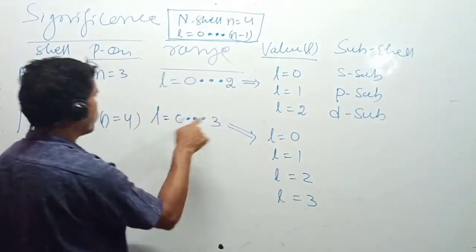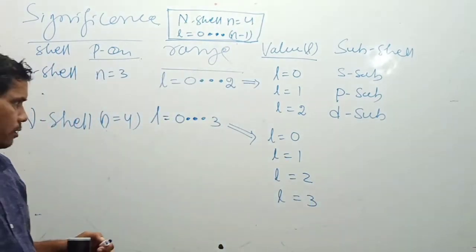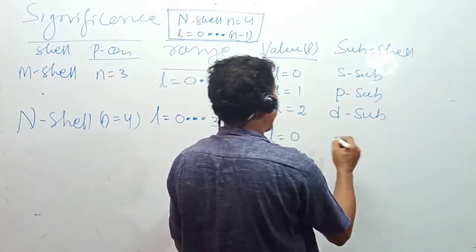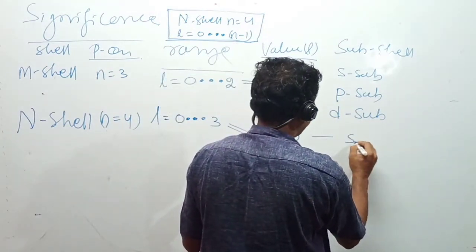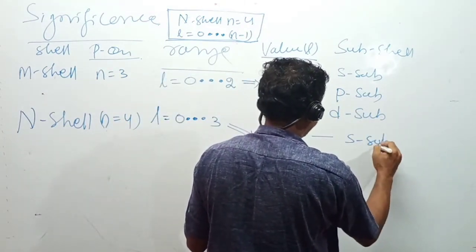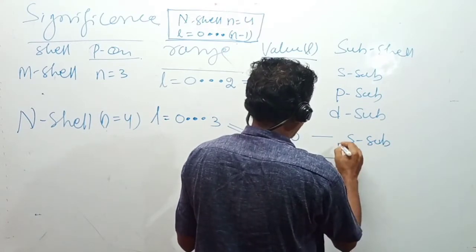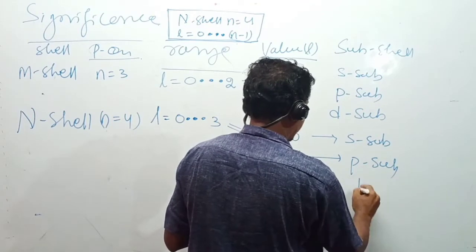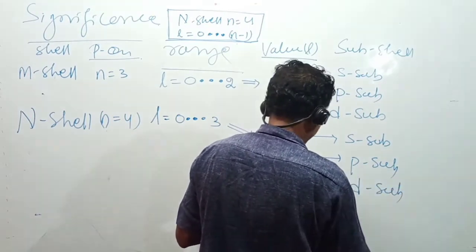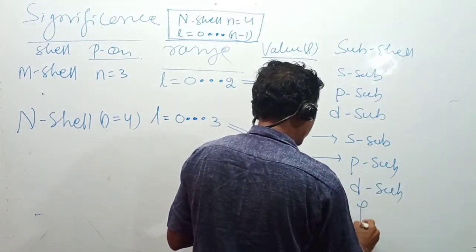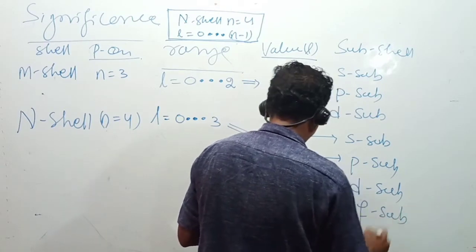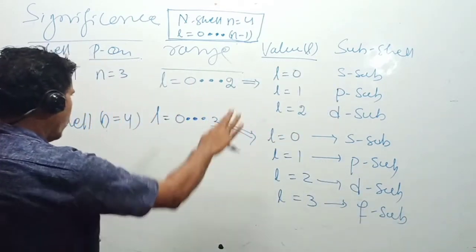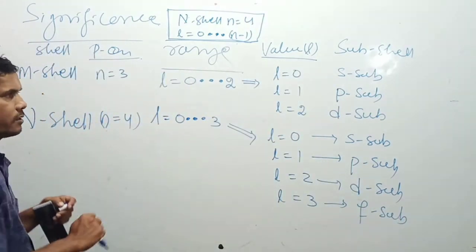So L will be 0 to 3. L0 is the code address of the S subcell, L1 of the P subcell, L2 of the D subcell, L3 of the F subcell. So there are 4 subcells present within the n cell.